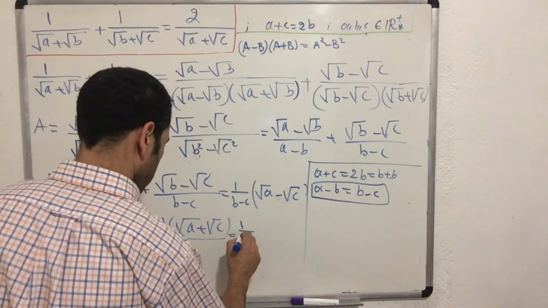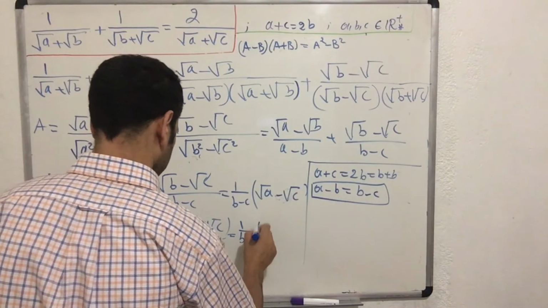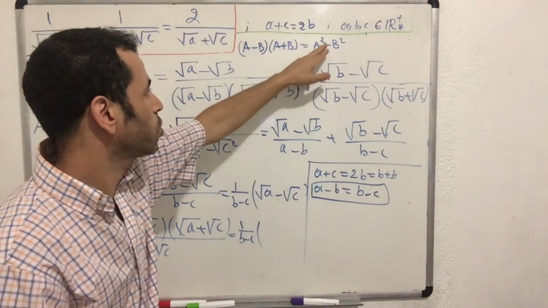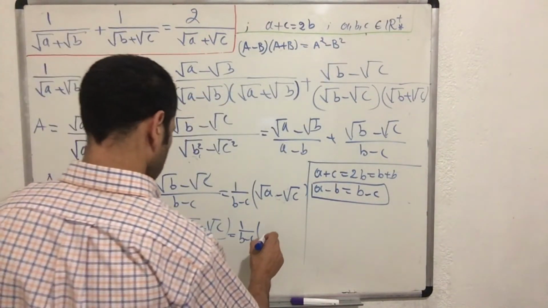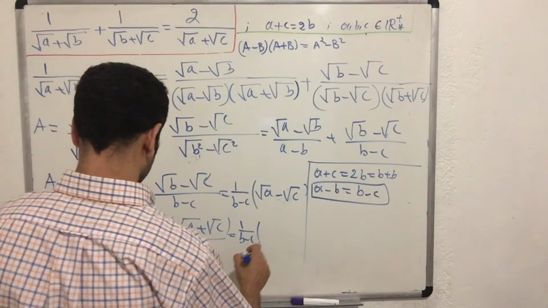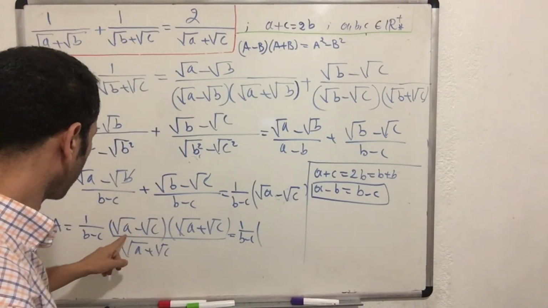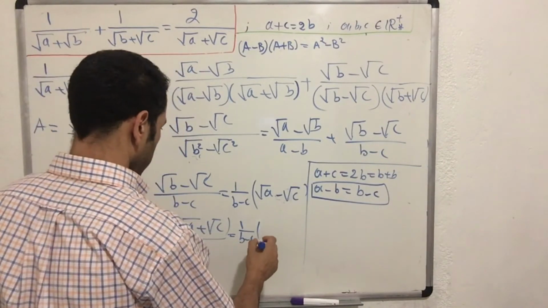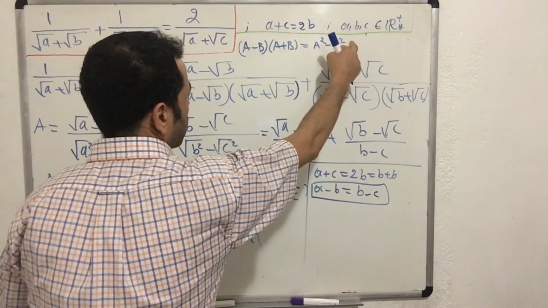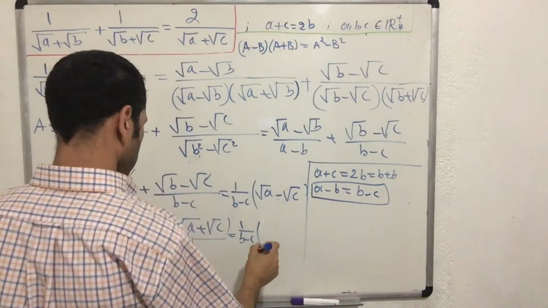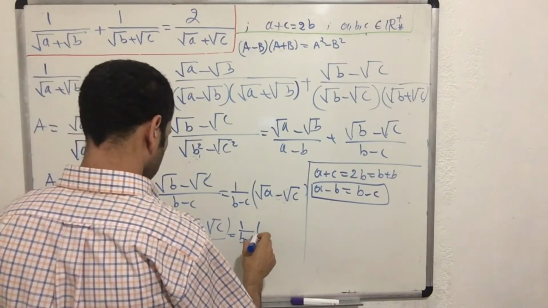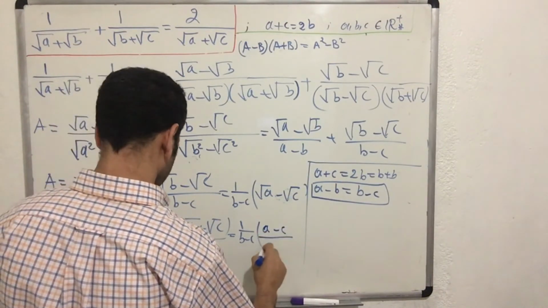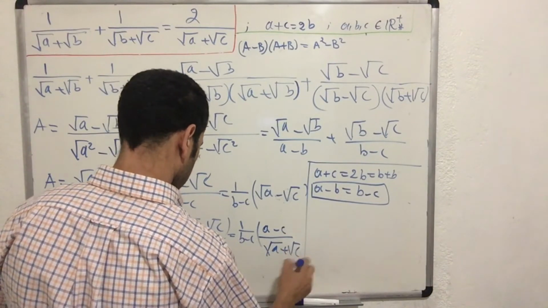We are applying this identity, which gives you a squared minus c squared, which is a squared. The square root of a squared is the absolute value of a, but since a is a positive number, you don't have to put the absolute value. So you can put just a minus c over square root of a plus square root of c.